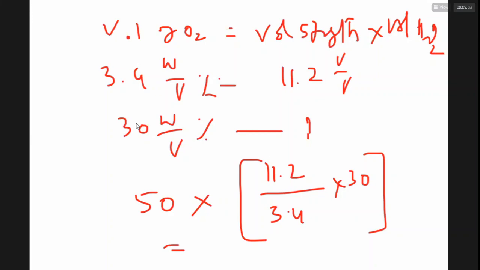Can you simplify? Roughly 5,000 ml. Exactly it is 4,941, but okay.